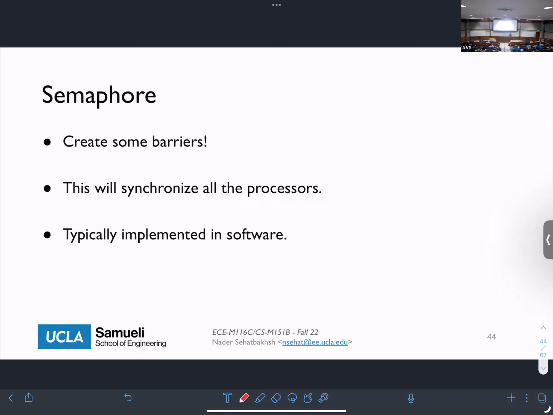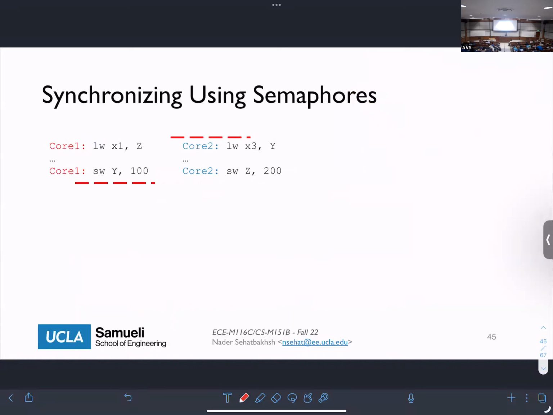Okay, so barriers are basically this notion of synchronization of multiple cores together, typically implemented in software or the operating system. So think about it literally as lines that we add, and basically say that we cannot go beyond this point until this other application reaches this point.